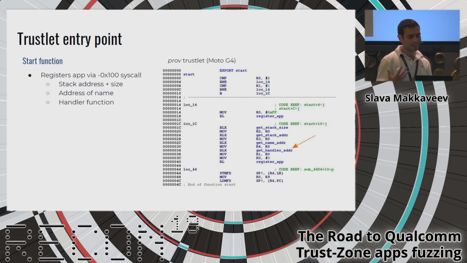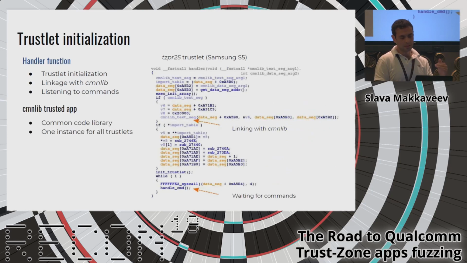In this function, the trustlet registers itself using syscalls, providing a stack address, a name, and a pointer to a specific handler function. This indicated handler function will be called by QCOS after trustlet registration.